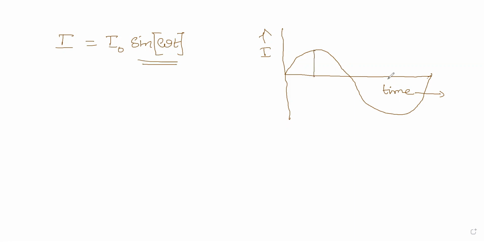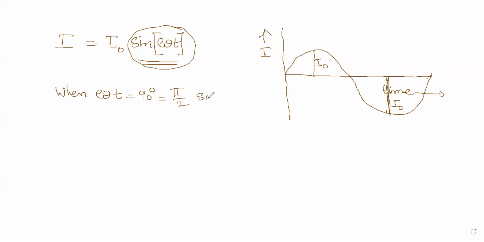And you have the maximum value that is called the peak value. That is I naught. Why is the maximum value I naught? You see, this sine function has a maximum value of 1. When omega t is equal to 90 degrees, or pi by 2 radians, sine pi by 2 is 1.